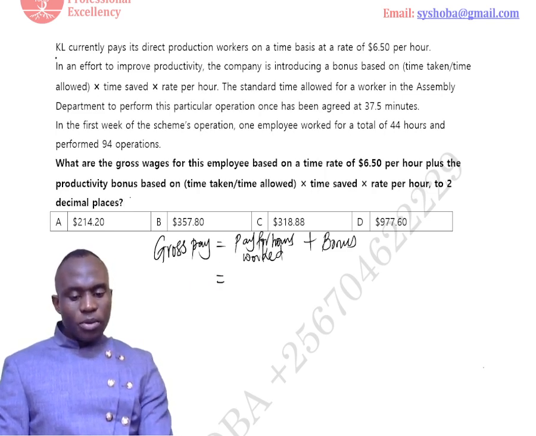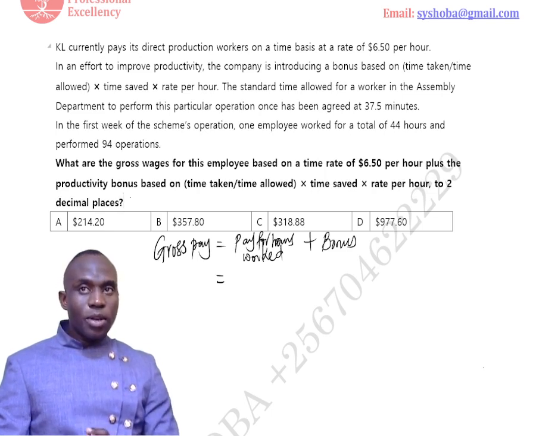So we read the question. KL currently pays its direct workers on a time basis at a rate of 6.5 per hour. In an effort to improve productivity, the company is introducing a bonus based on time taken divided by time allowed times time saved times time rate.